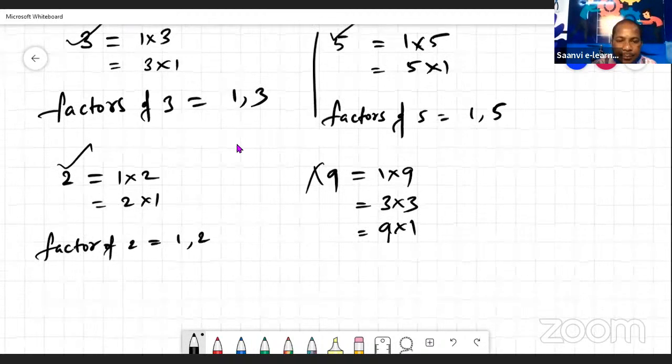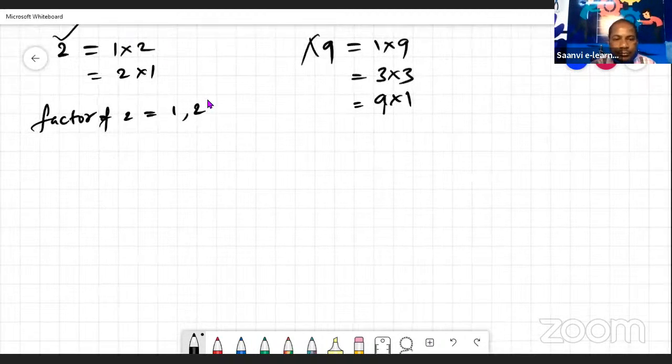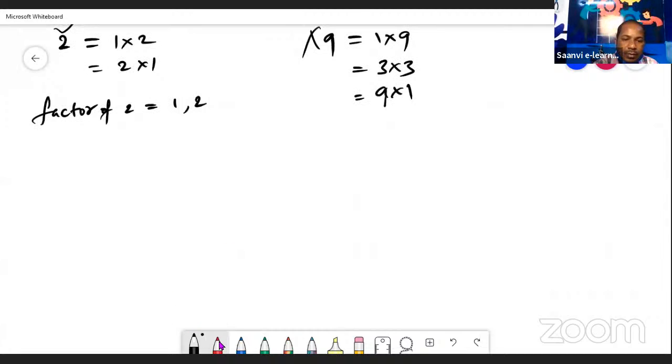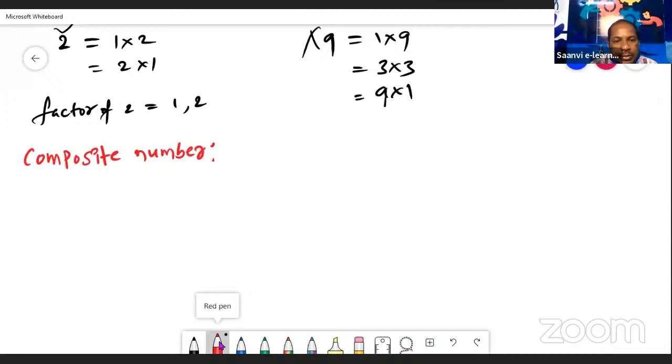Now next one is composite number. Composite number means a number has more than two factors.